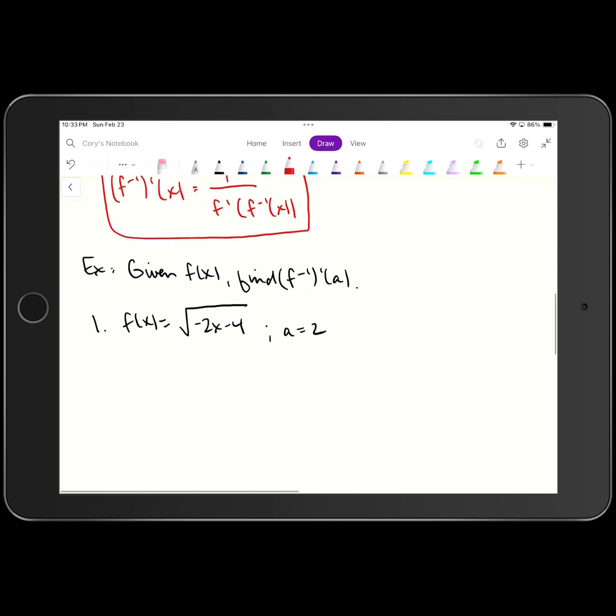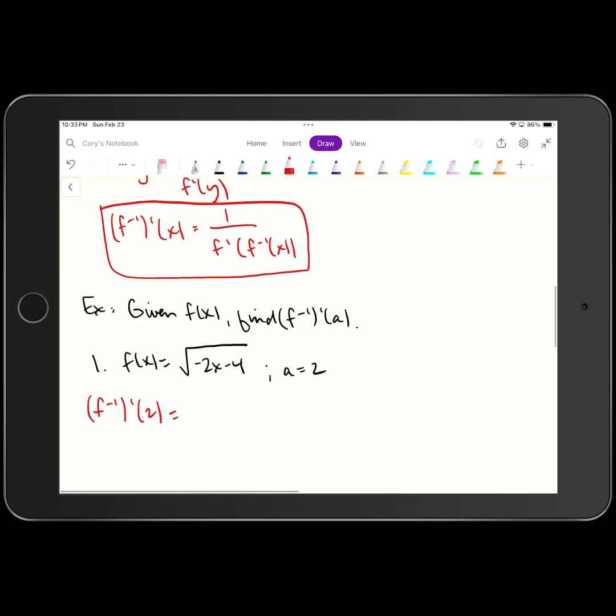Okay, so what this is asking us to find here is f inverse prime of 2. And with the inverse derivative formula that we just calculated above, I know that that's going to be equal to 1 over f prime of f inverse of 2.